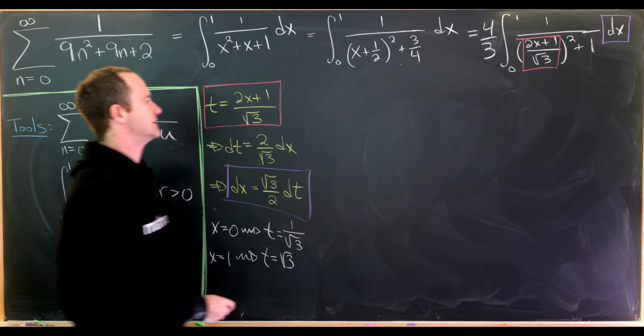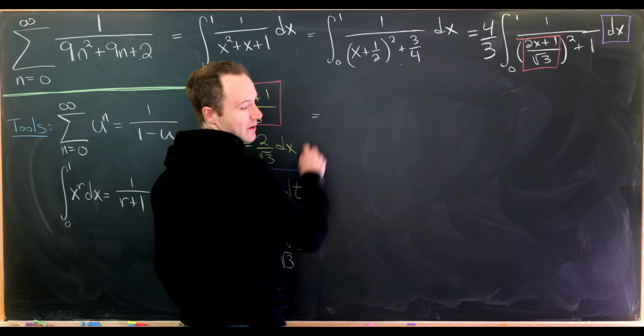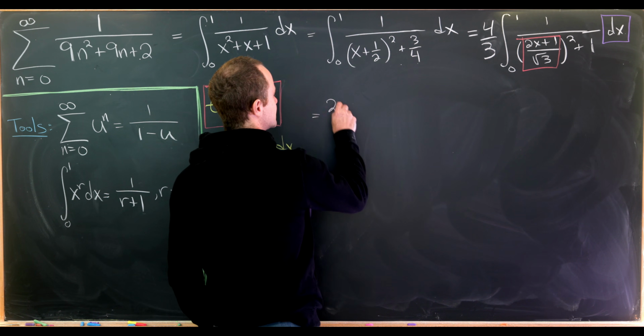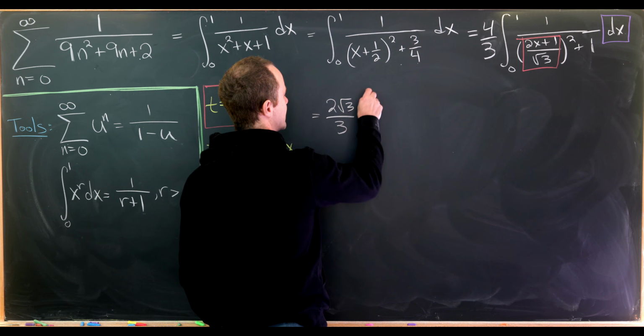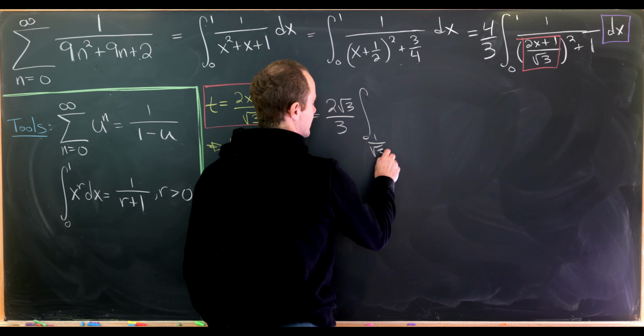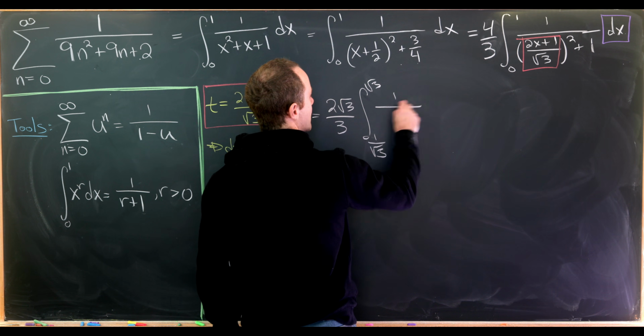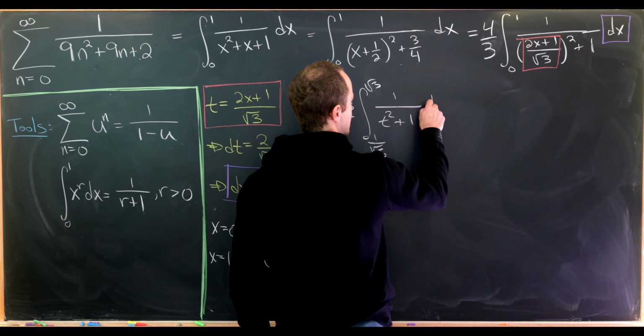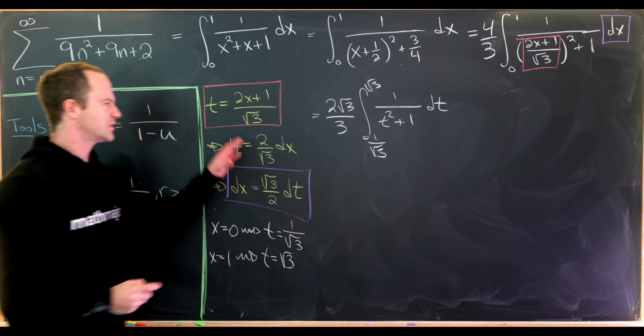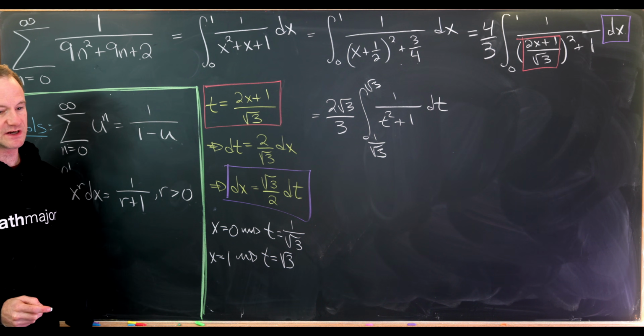So let's see where that leaves me. That's going to leave me with 2 times the square root of 3 over 3 times the integral from 1 over root 3 up to root 3 of 1 over t squared plus 1 dt, after doing some simplification with the arithmetic.